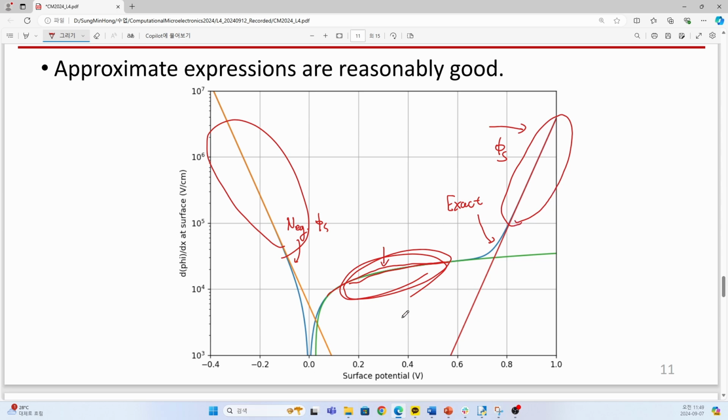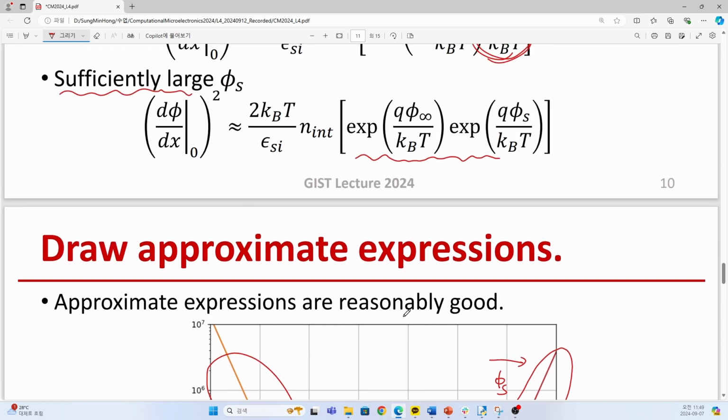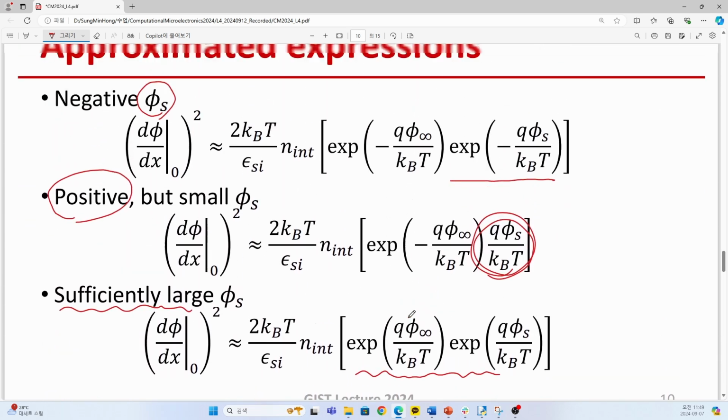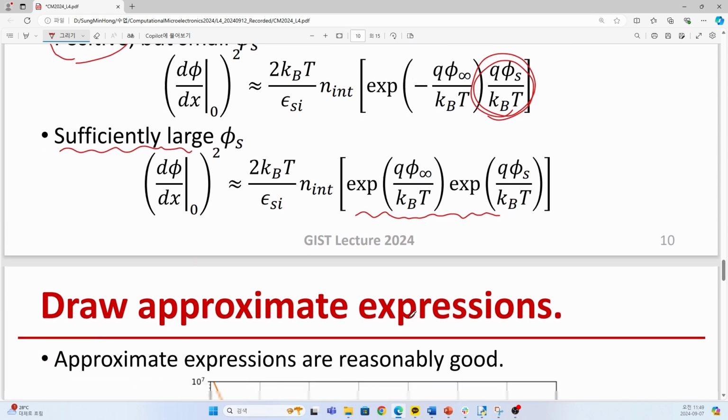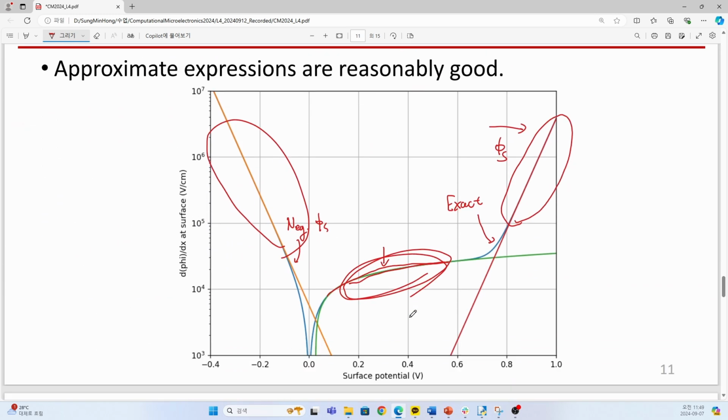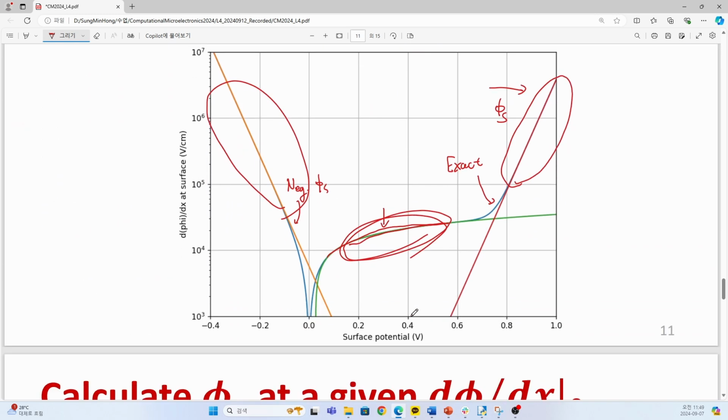Okay, so now you have an approximate form for each case. Of course, then where do we have the switching point between different domains or different approximations?